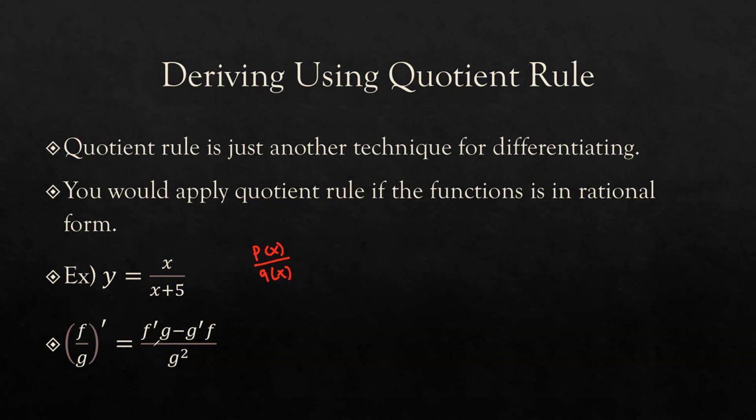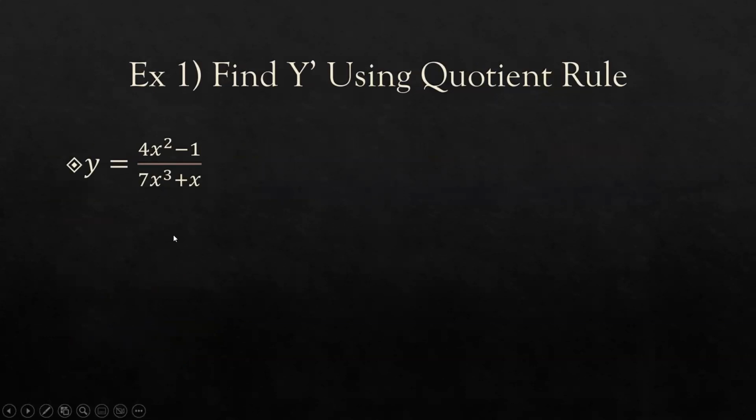If you know that rule, you can take the derivative of a quotient. Let's move on to example one. It says find y prime using the quotient rule.